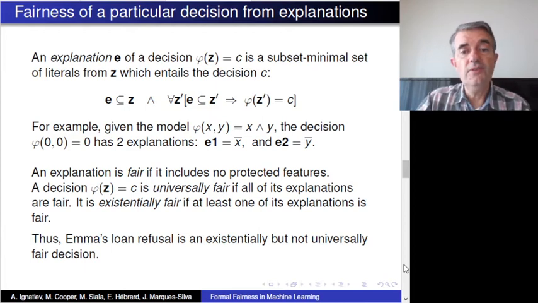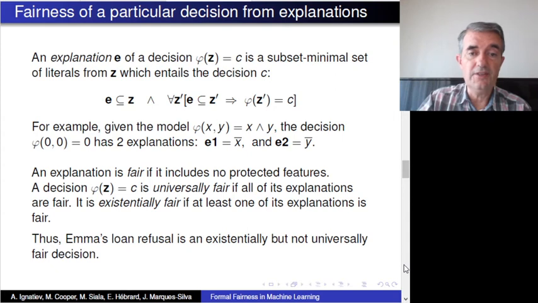A decision is universally fair if all of its explanations are fair, existentially fair if at least one of its explanations is fair. So without going into the technical details, we saw with that concrete example that one explanation was that Emma was unemployed, one other explanation was that she was a woman. So Emma's loan refusal is existentially but not universally fair.